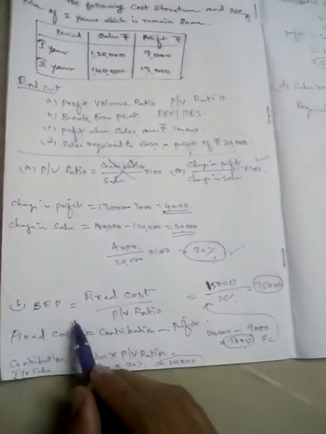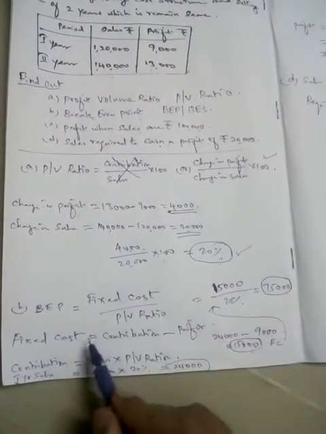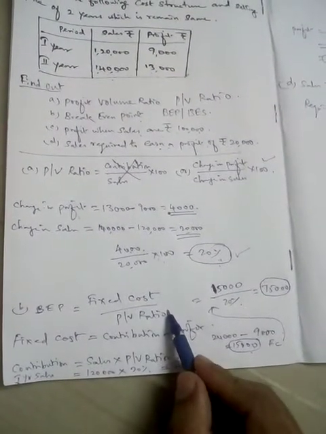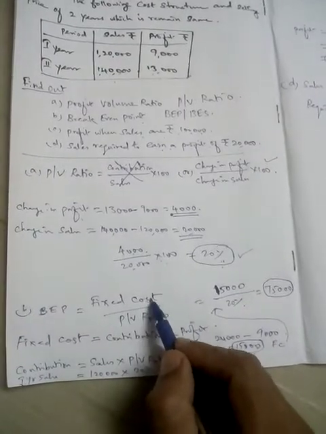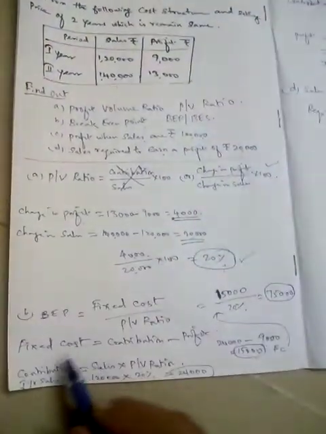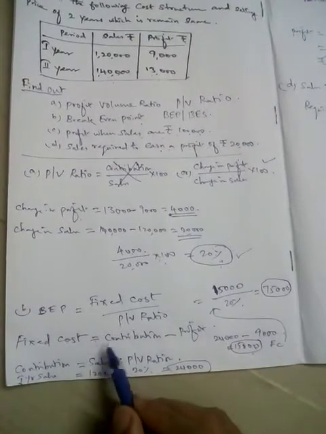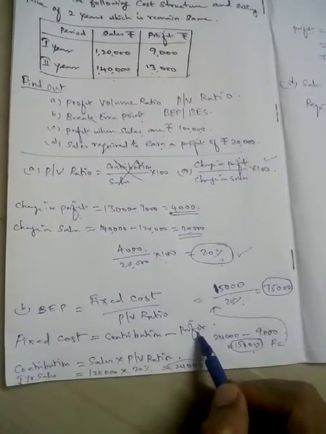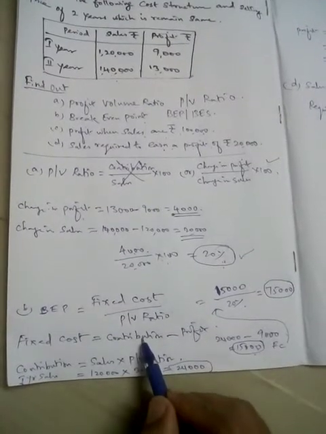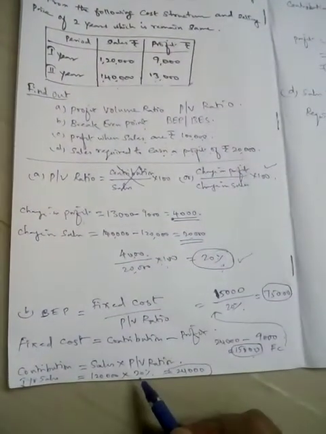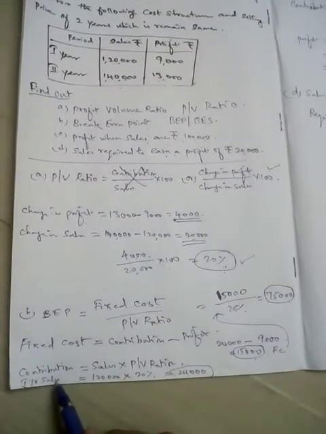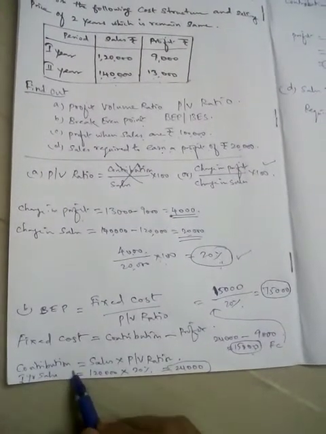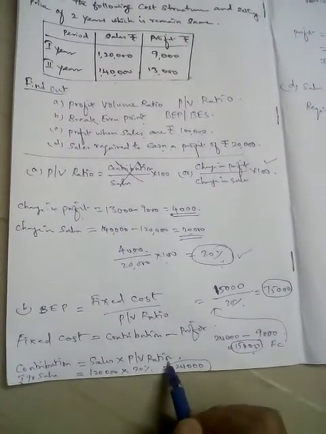Then the second one they ask is break even point. The break even point formula is fixed cost divided by PV ratio. Fixed cost is not given in the question, so we have to find it out. Fixed cost equals contribution minus profit. For contribution, there is no information given, so again we calculate with another formula: contribution equals sales into PV ratio.